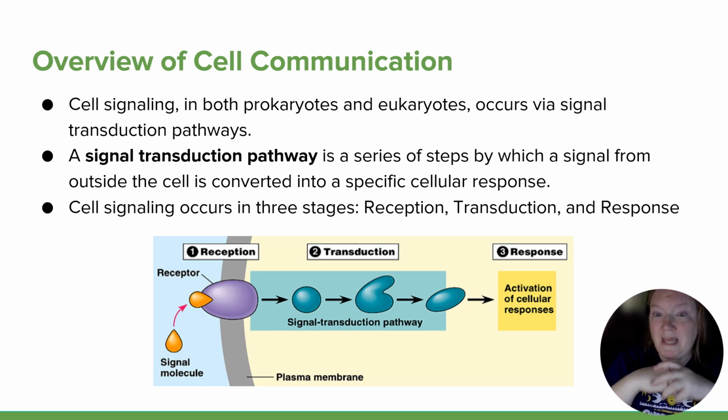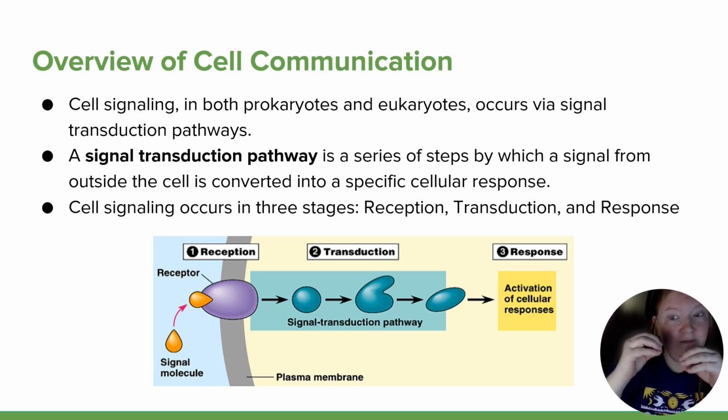Okay, so that cell signaling occurs in 3 stages. We have the signal, but the signal has to be received by the cell. So that's reception. So signal, reception, transduction, and then finally the response. Now the transduction, as you can see here, often takes many steps, and often that response is amplified. So one signal molecule can create a very large response in a cell, okay?